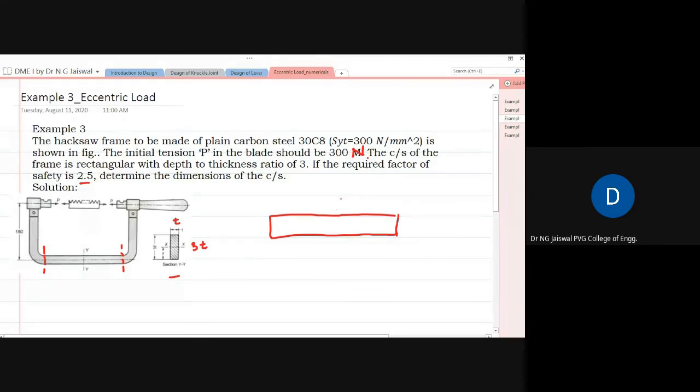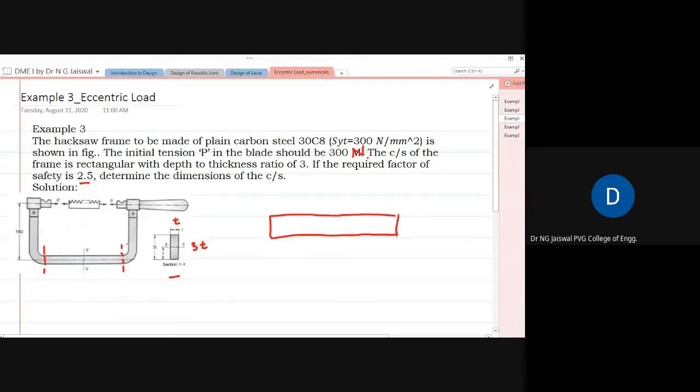If you are confused about which force I should take here, whether a compressive force or a tensile force, it doesn't matter much, because if you take a compressive force, maybe one end fiber will be heavily loaded. If you take a tensile load, the opposite fiber will be under maximum load. So the result will not be different.